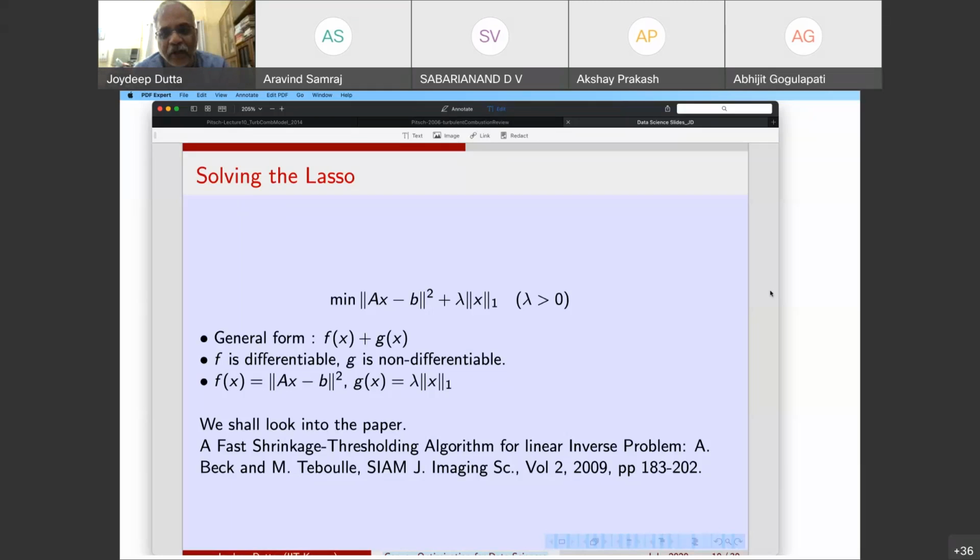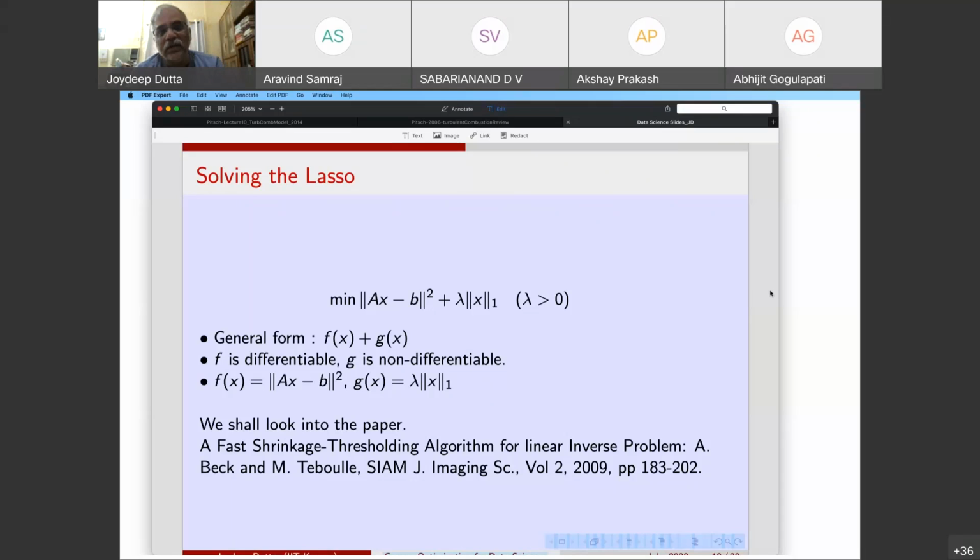They published that in the SIAM Journal on Imaging Sciences. There's huge, beautiful mathematics there, showing the convergence as well as the complexity.